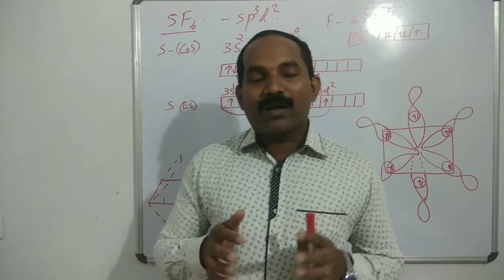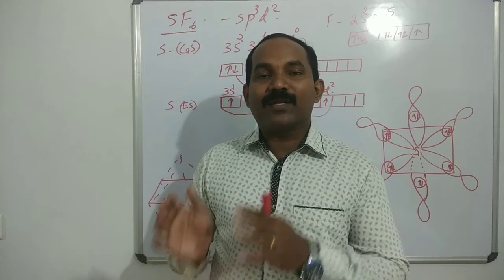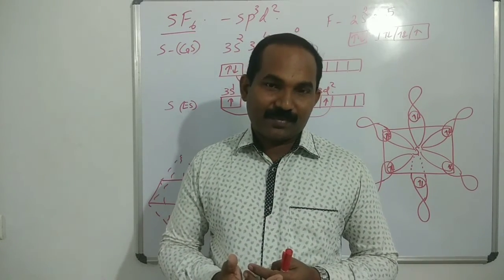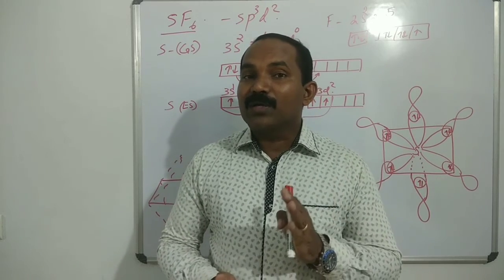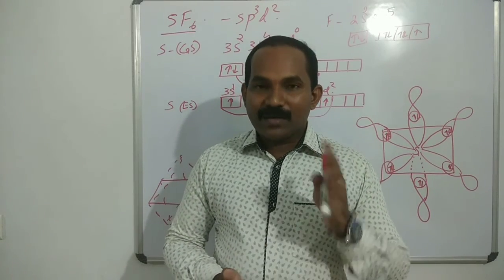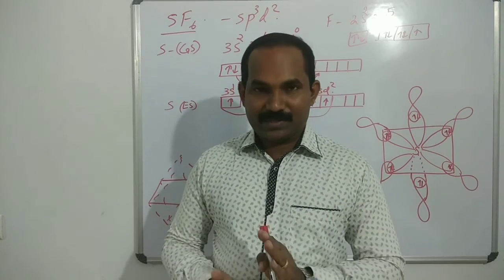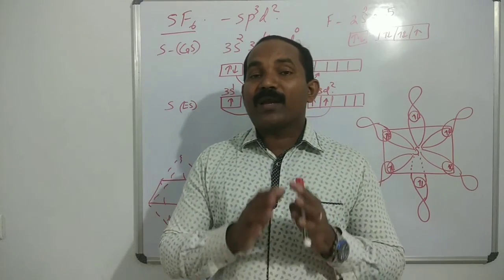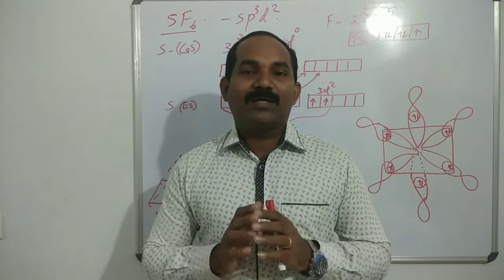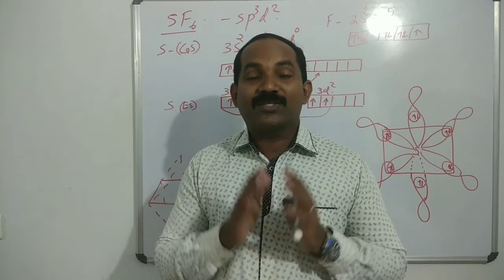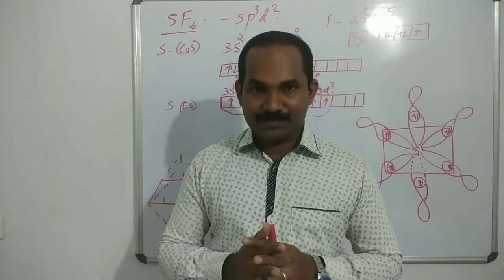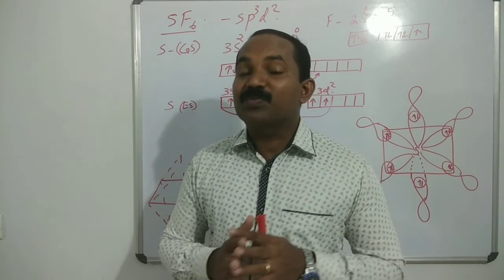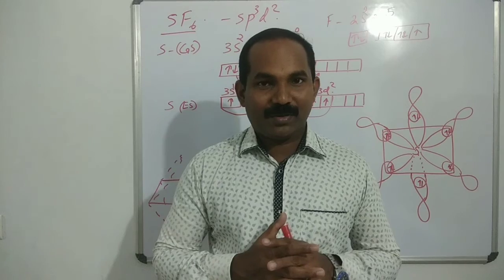If the orbitals are chosen from the inner shell, d2sp3 is also octahedral. But dsp2 is square planar. dsp3 is square pyramid. In the case of BrF5, the shape is square pyramidal. The hybridization is d2sp3. Okay, are you clear?